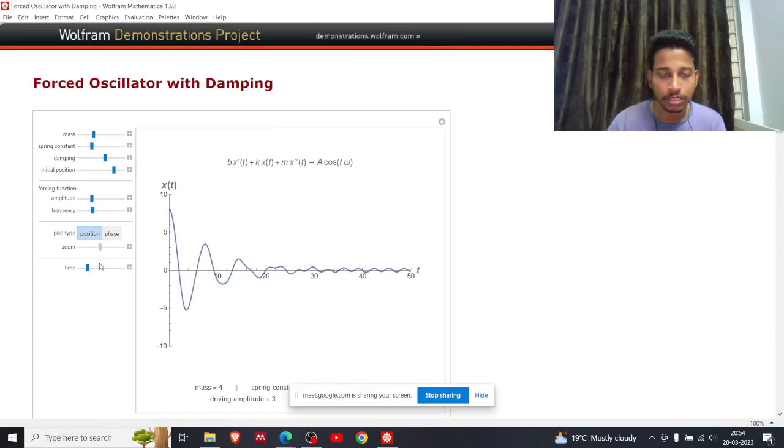So now in this particular thing, the equation is m x double dash t, which is basically the acceleration part, then k x t, and then b x dash t. Now why it is a forced oscillator, because the right hand side is not 0, here it is a continuous force, that is a cos omega t, that is continuously driving the oscillator.